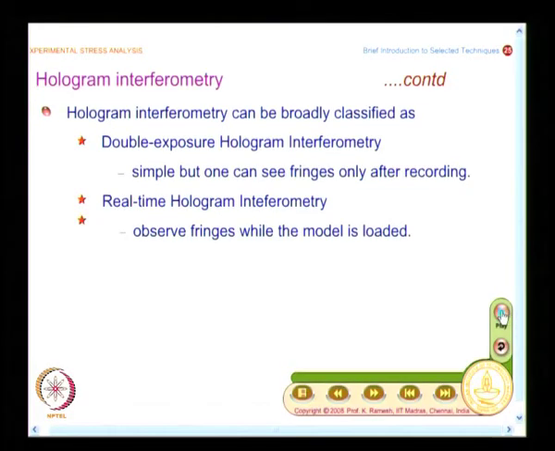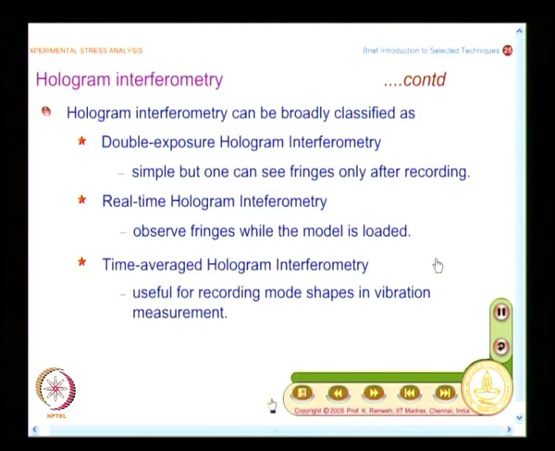Another form of holography is time averaged hologram interferometry, and this was useful for recording mode shapes in vibration measurement. Time average itself says you are having a vibration event, and when the model is vibrating, you have to have some kind of time post processing, so that you get the information without a sense of blur.